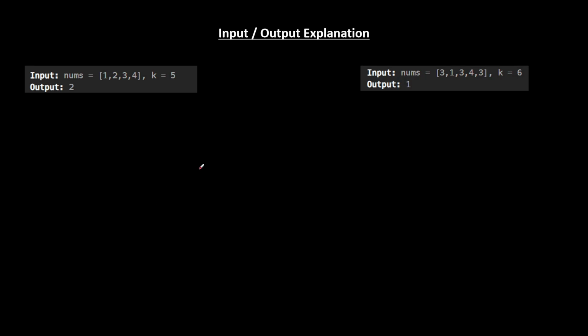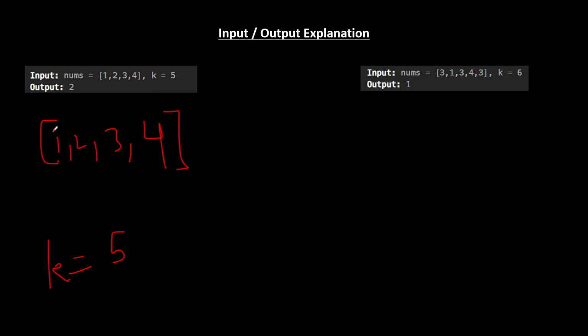Now let's understand the input output explanation. We have been given 1, 2, 3, and 4, and k equals 5.